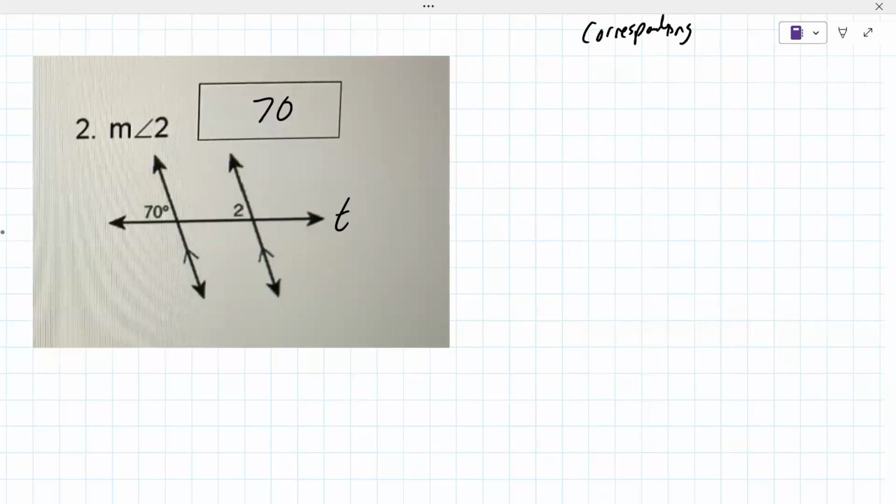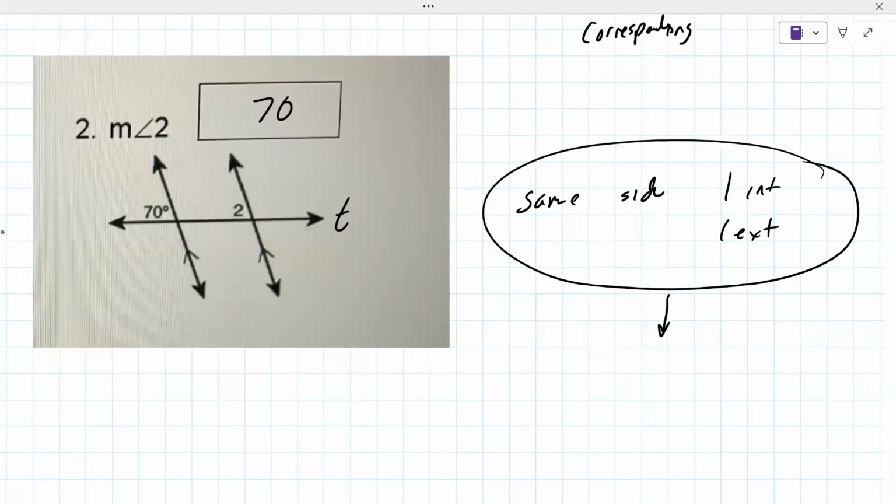They are on the same side. Now are they both in the interior, both in the exterior, or one each? One and the other. So one interior, one exterior. What does that all turn into? Corresponding, yeah.